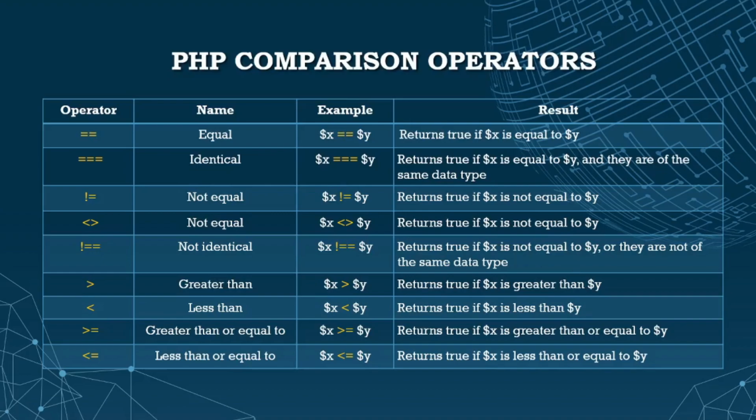Then, we also have another is, of course, yung greater than operator and also yung less than. Meron din tayong greater than or equal to, and of course, the less than or equal to. Okay, so those are the different na mga comparison operators na pwede nating magamit in creating conditions for our if statements. Okay?